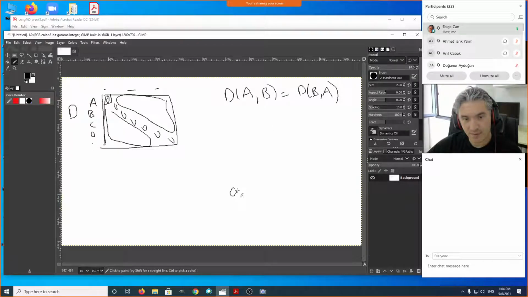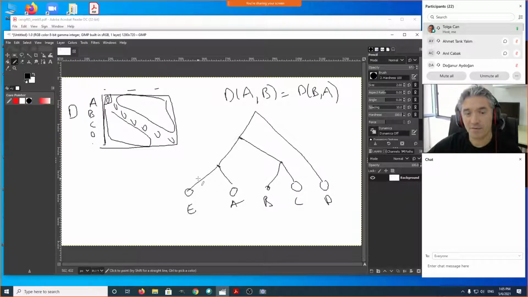a tree in which these individual species A, B, C, D, E may be ordered differently. Maybe E is going to be here, who knows. We are going to build a tree by combining two of them each time. We don't know which ones to combine first. And we are going to assign edge weights to these edges.